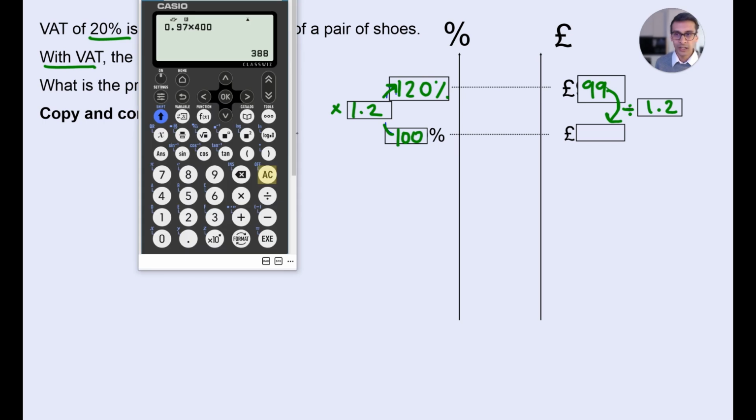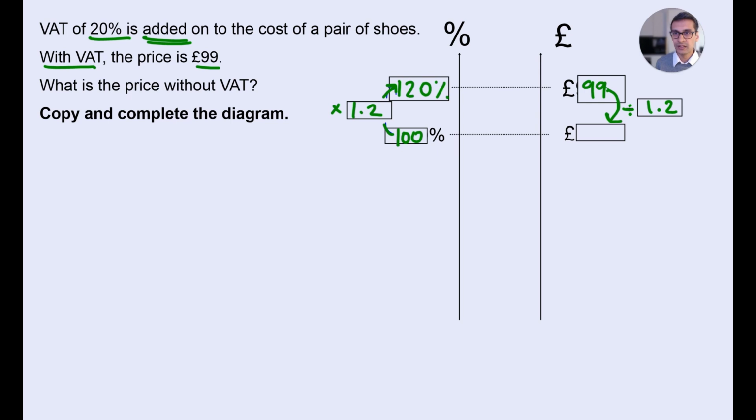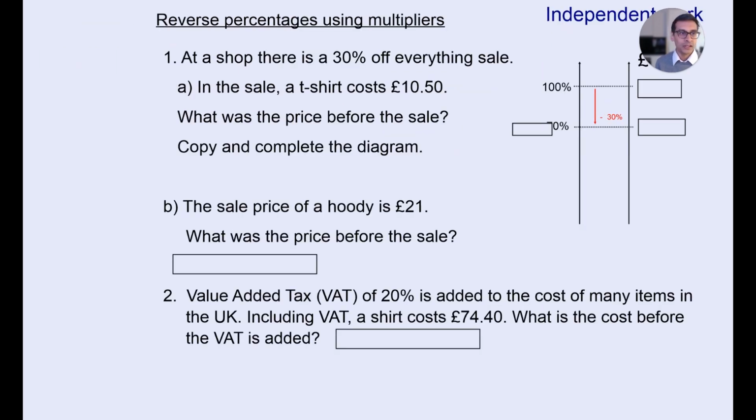So let's put that in our calculator. 99 divided by 1.2 equals, now we want this as a decimal, so we're going to go to format, down, okay. So £82.50, because it's money, we're going to add the 0 at the end. So this will be 82.50.